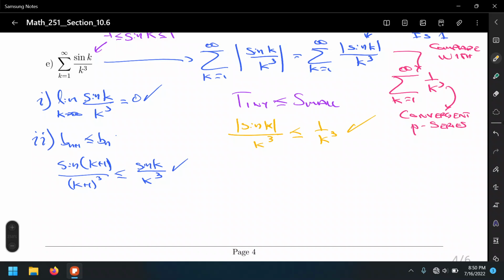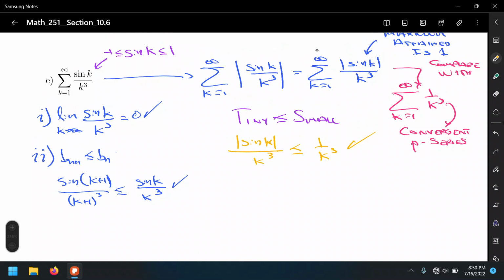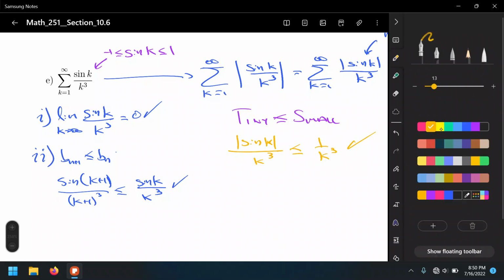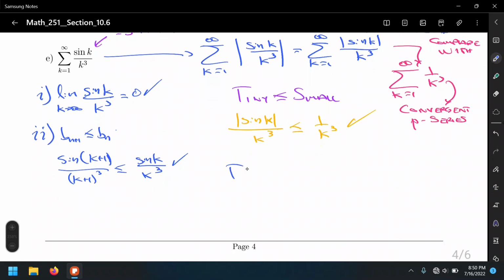So because we obtain a new series that converges, then our original series, the alternating series, converges absolutely as well.